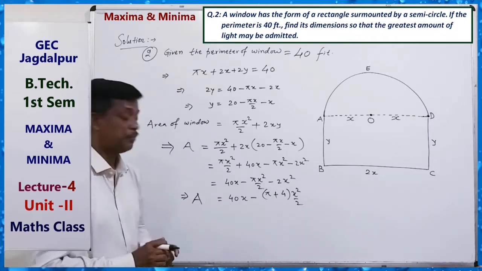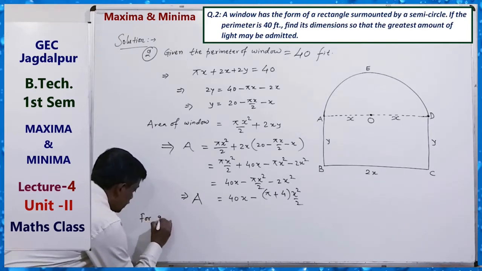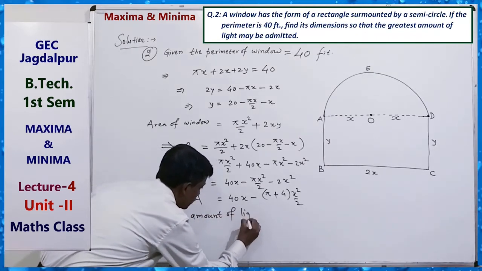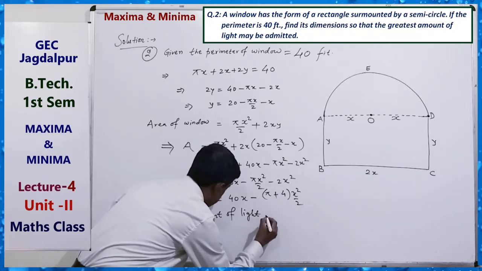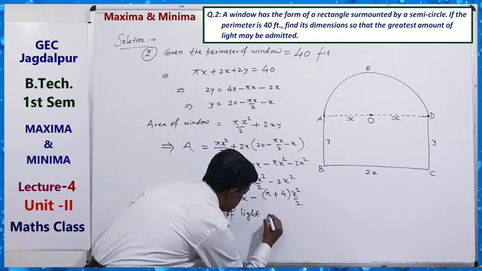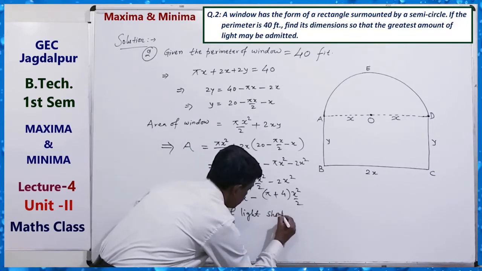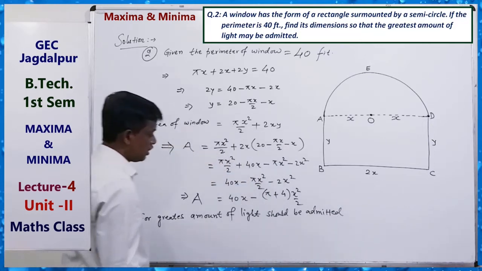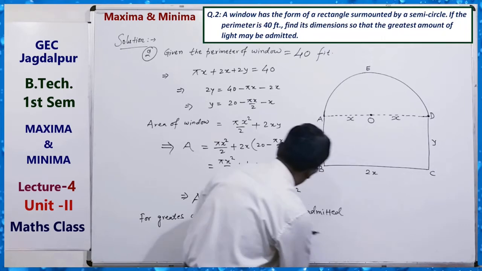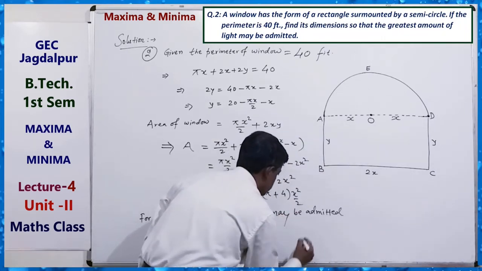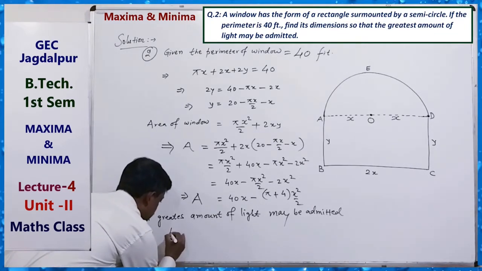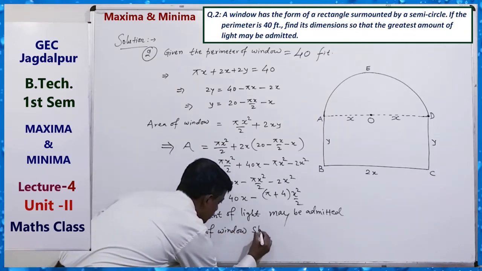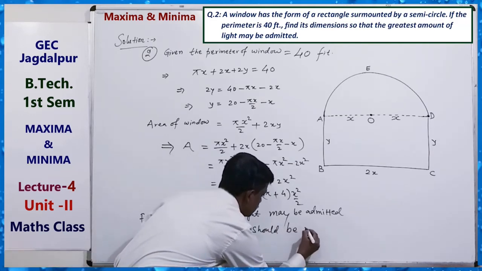Now, for the greatest amount of light to be admitted, the area of the window should be maximum.